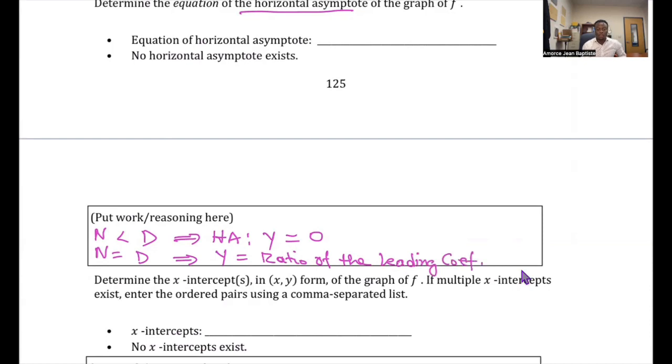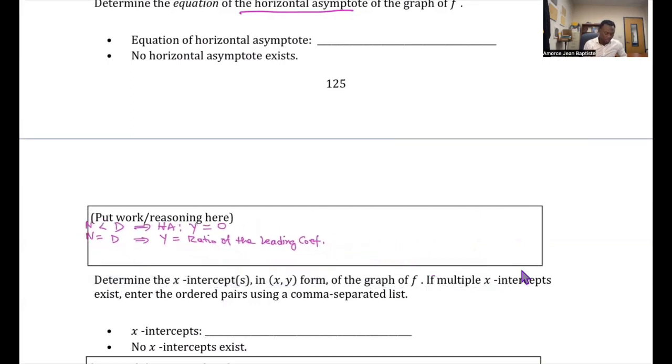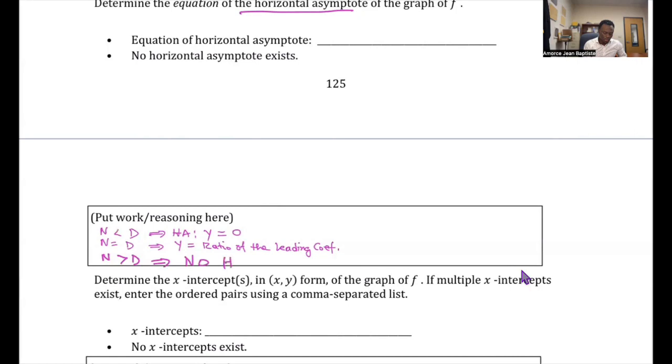And if n is greater than d, then you have no HA.